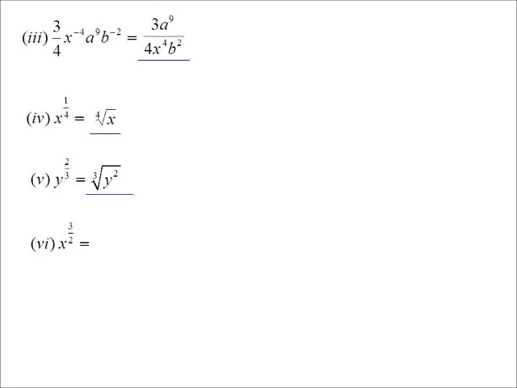Now, a mere mortal would leave the answer like that, the square root of x cubed. But of course, I'm sure you're like me, looking at that and starting to get a shiver and go, no, can't leave it like that, because we always simplify our surds. And that, of course, can be simplified.